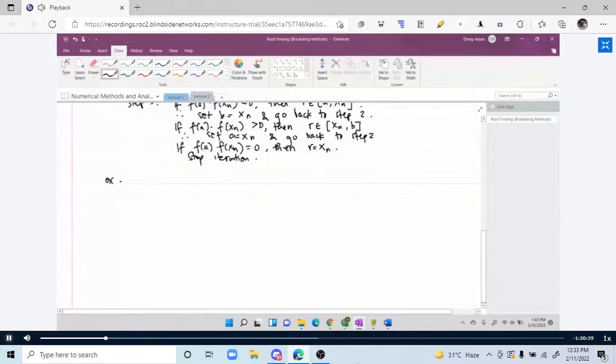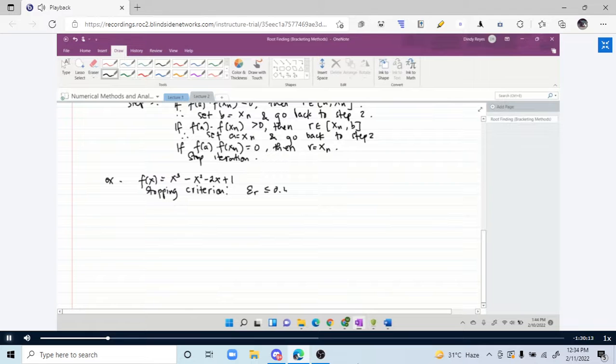So example, solve this using bisection method. The function f of x equals x cubed minus x squared minus 2x plus 1. This time, the stopping criterion would be, instead of using the absolute error, we'll have the relative error.